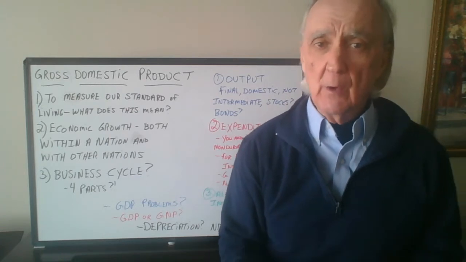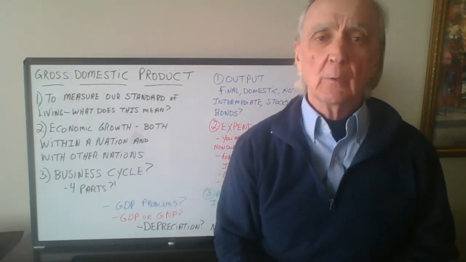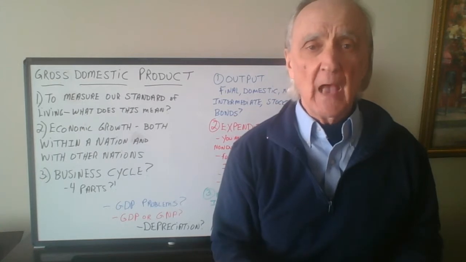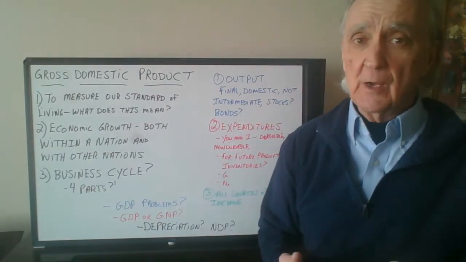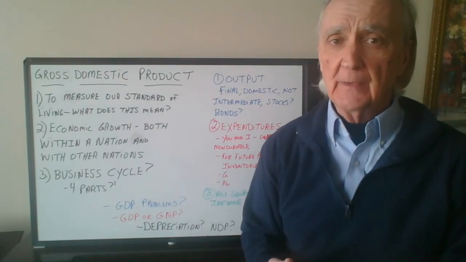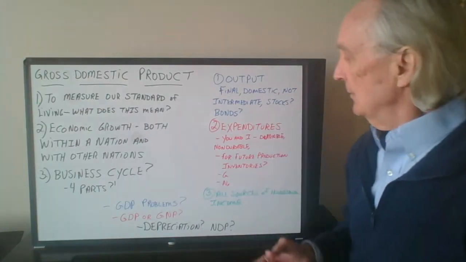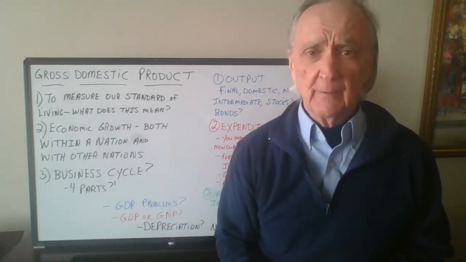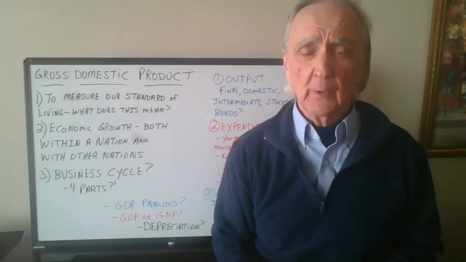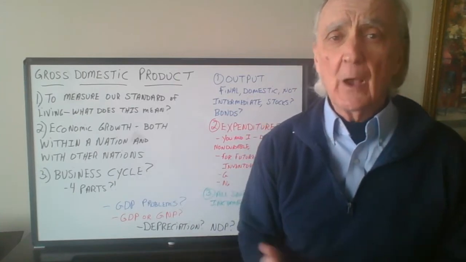So we don't count used products and we don't count things like stocks and bonds, all right? Now, we're going to talk about stocks and bonds in 1 minute when we refer to the third method of finding what GDP is, all right? So the first one is the output method.